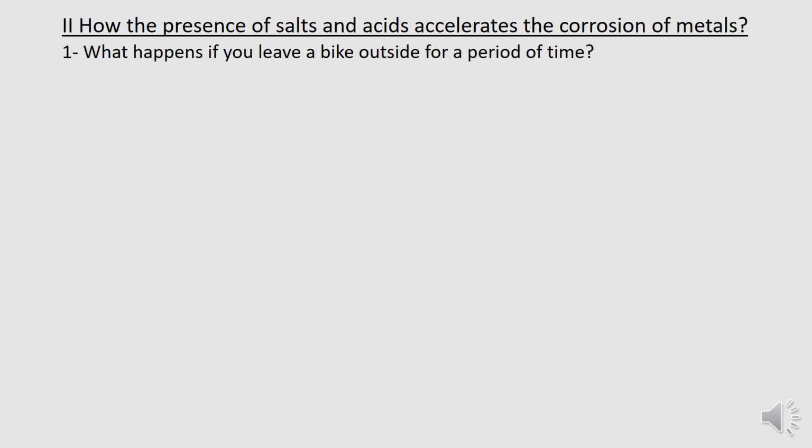The first question, what happens if you leave a bike outside for a period of time? What do you think will happen? The metal parts will rust. The second question, is rusting a type of corrosion? The answer is definitely yes.